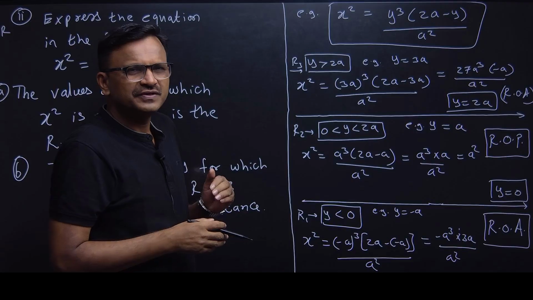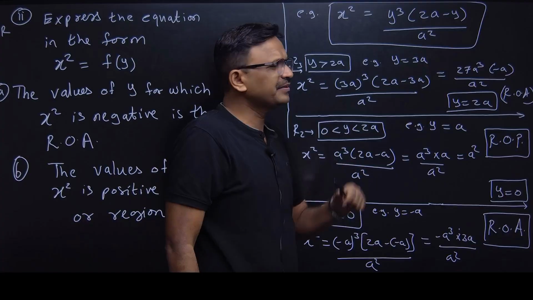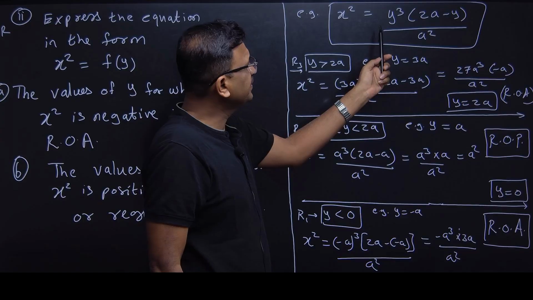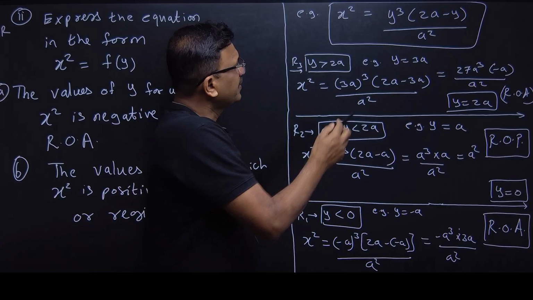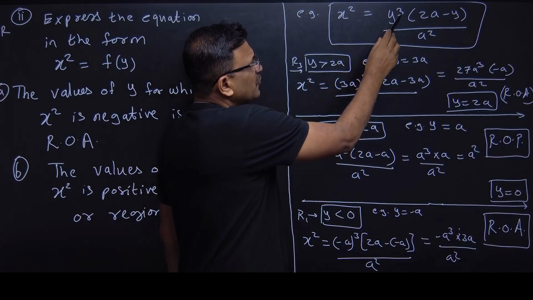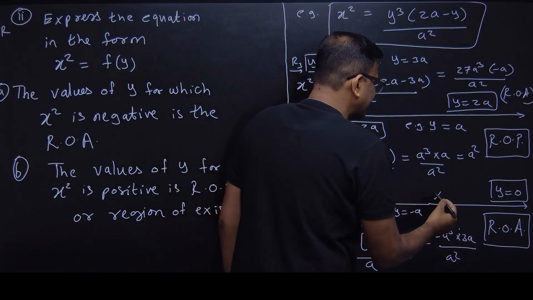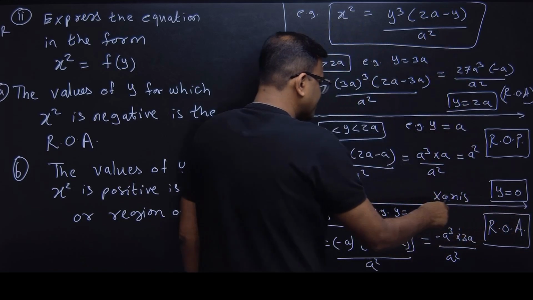First of all, we see for what values of y either the numerator or denominator becomes 0. Now, in this case, there is no term of y in the denominator. In the numerator, it is y cube into 2a minus y. So, we can see that the numerator will become 0 when y is 0. Y is 0 means it is nothing but the x-axis. Numerator becomes 0 for y is 0, that is the x-axis.